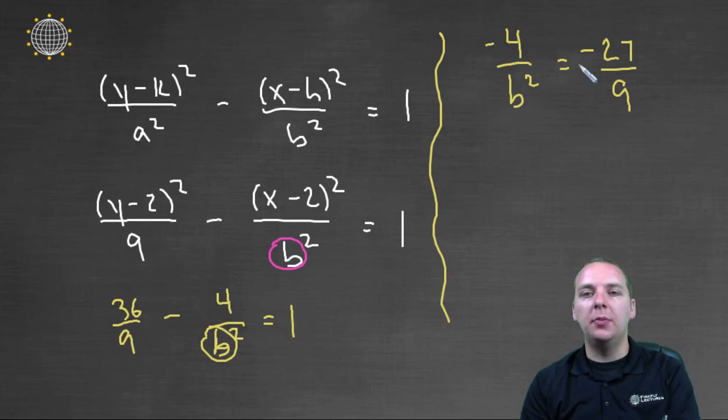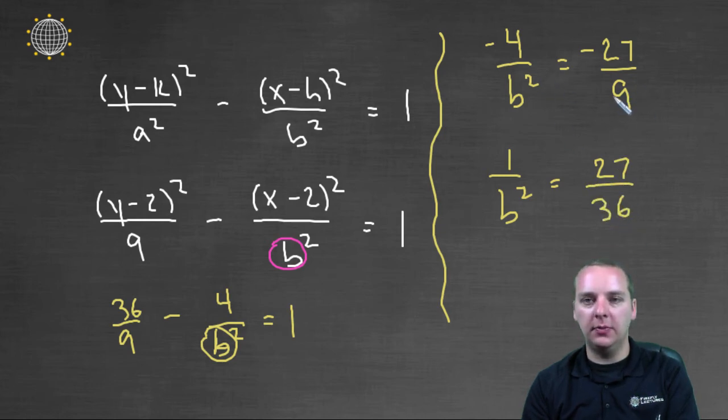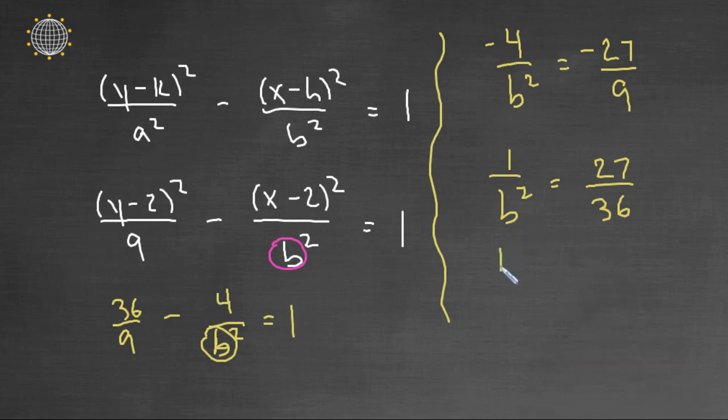You can divide both sides by negative 4. We get 1 over b² equals 27 over 36. That's 9 times 4. And then we could take the reciprocal of both of those. So b² equals 36 over 27.